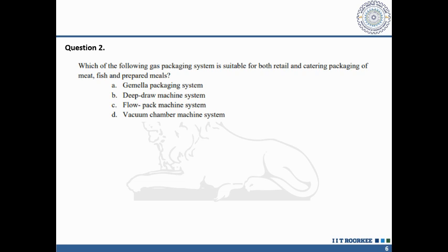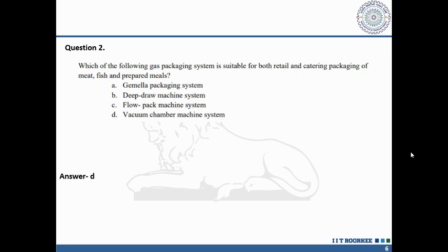So for this question, we will go. For the vacuum chamber machine system, mainly meat and fish kind of products are packed with a vacuum chamber. So we remove all the O2 or oxygen present in the packaging material.